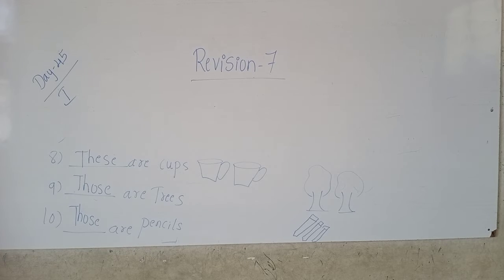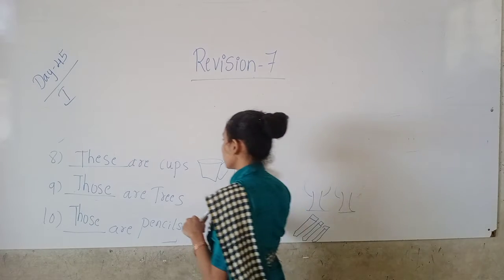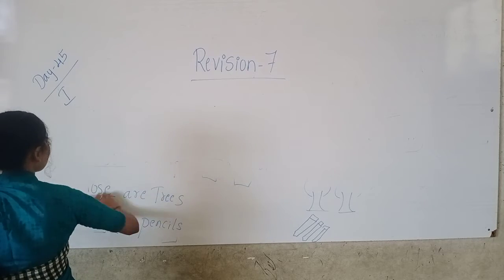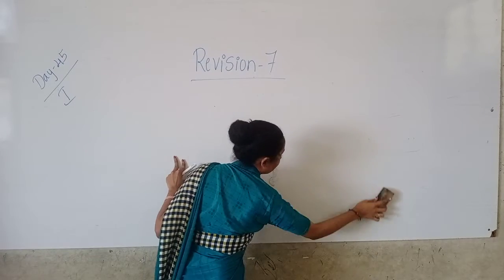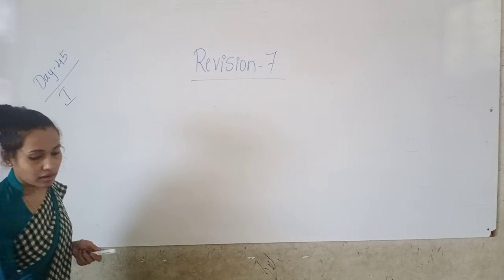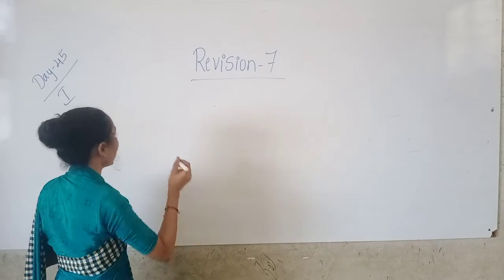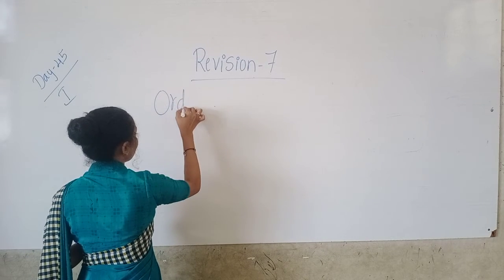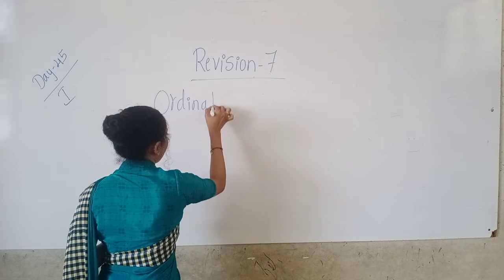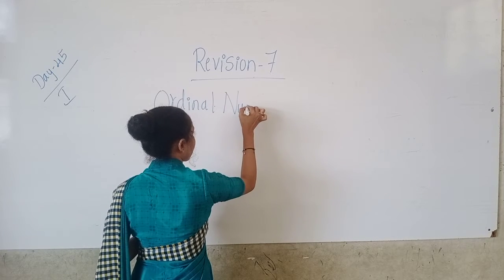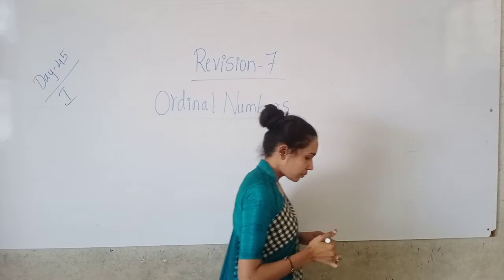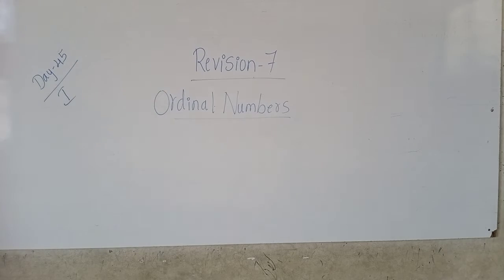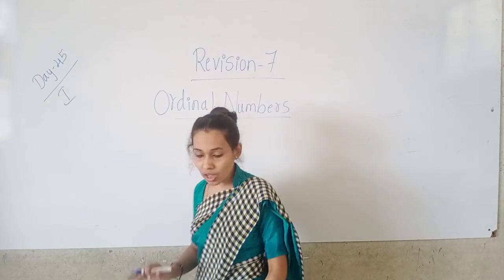Okay children, now let us revise the ordinal numbers. Let us open page number 58, ordinal numbers. So children, ordinal numbers we are using to show the positions.